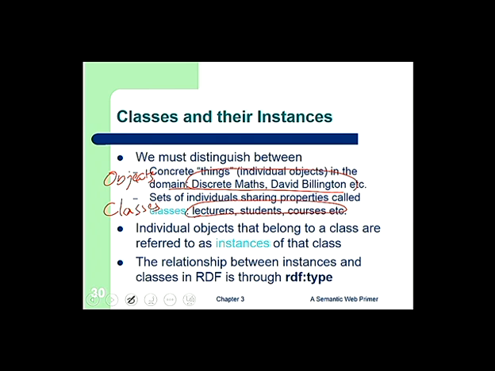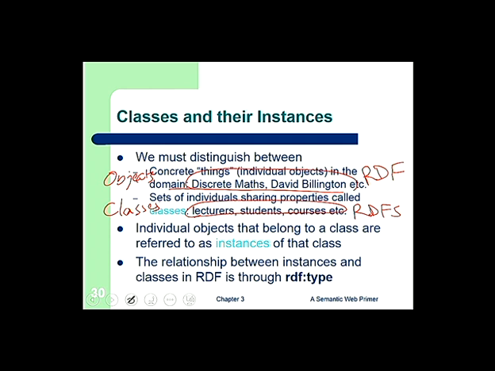Similarly, in RDFS, when we are talking about general things, lecturer, student, courses, we are defining the vocabulary, it is RDFS. And when we are talking about the individuals, instances of these, then it is RDF. So RDFS defines the vocabulary, the domain, and with RDF we describe the individual resources.